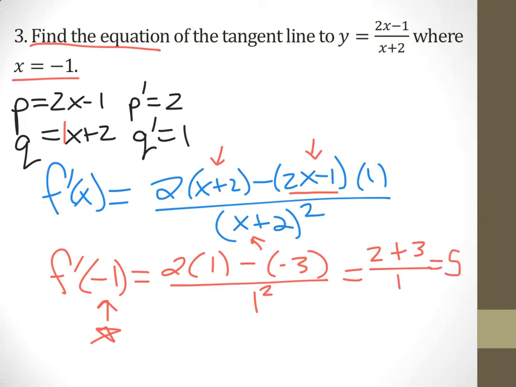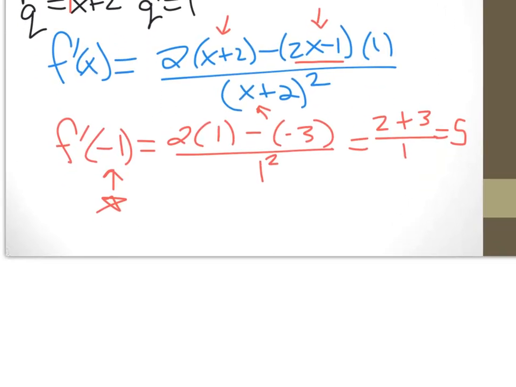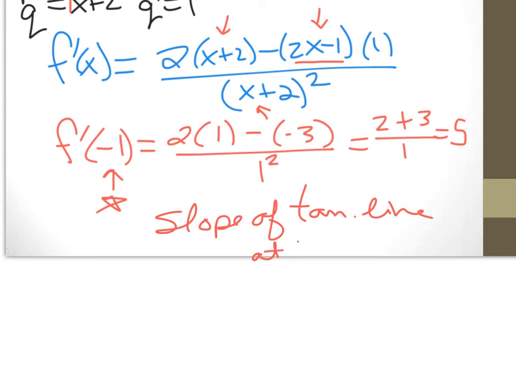So we get 5. So that's nice. So that tells us the slope of the tangent line at x equals negative 1 is 5.